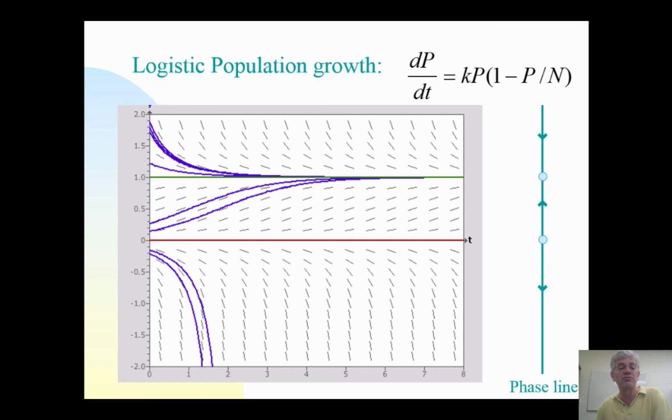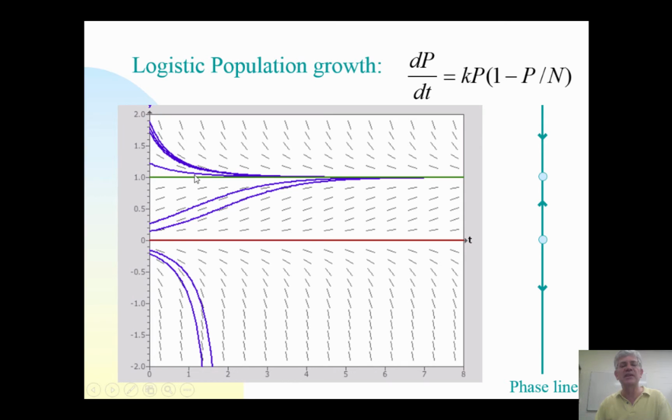If you start with zero population, it will remain zero. And at least mathematically, if you begin with a negative population, it will go to minus infinity. So here we see if the population starts above the carrying capacity, it will decrease and approach that capacity. And if you have a smaller population, then the population can grow, but it limits towards that carrying capacity.